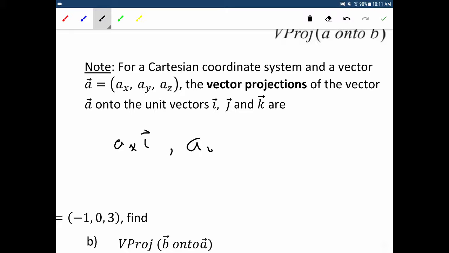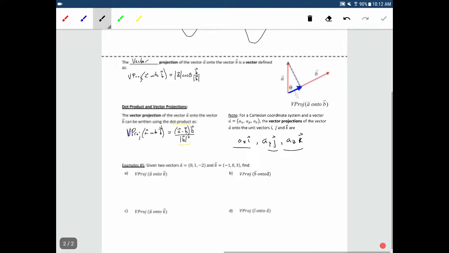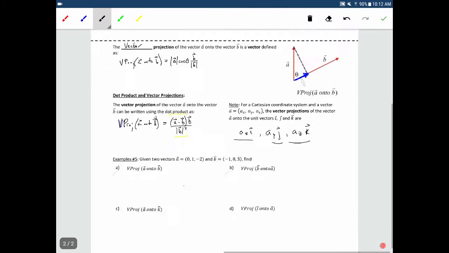So Y would be onto the j, or Az onto k. So if you project A onto i, it's going to give you this. If you project it onto j, it's going to give you this. If you project it onto k, it's going to give you this.